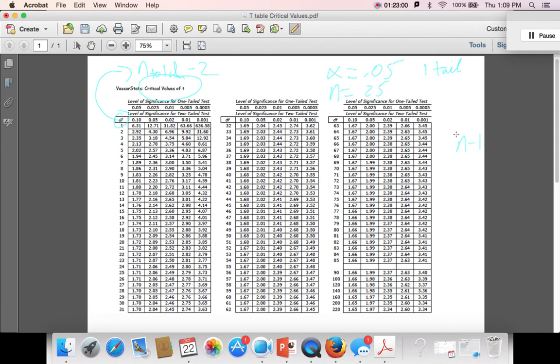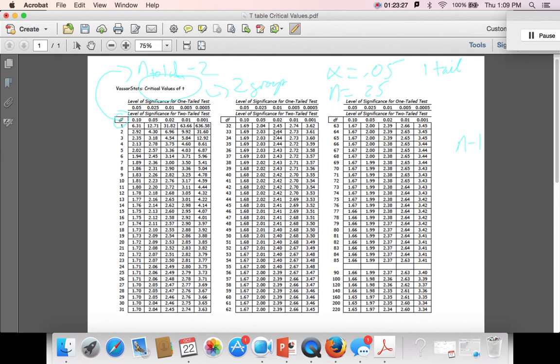But remember, I was just talking about earlier in our lecture that we do this for every single group. So I do this for group 1, and I also do this for group 2. So for group 1, I take N minus 1. For group 2, I take N minus 1. So thus, if I add up their sample sizes, I have N total minus 2, because here T is assuming that I'm working with two groups. So we take 1 from group 1, 1 from group 2, leaving me with N minus 2.